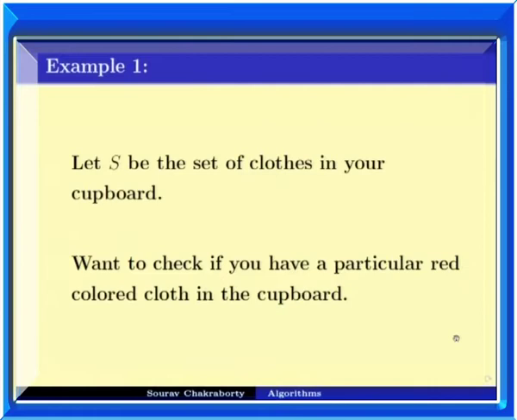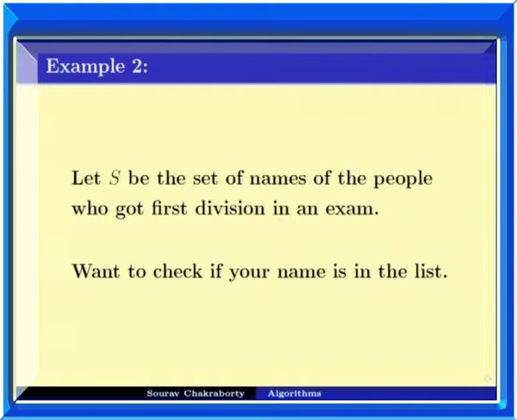For example, say you have a set of clothes in your cupboard, and you want to check whether a particular red colored cloth is in the cupboard, something we do every day, and we would like to know how to check it. You have been given a list of names of people who have got first division in an exam, and we want to check if your name is in the list.